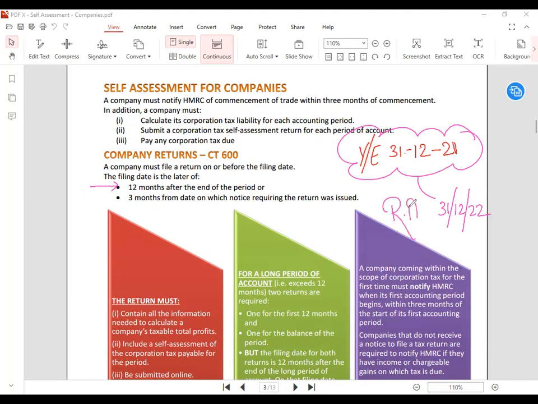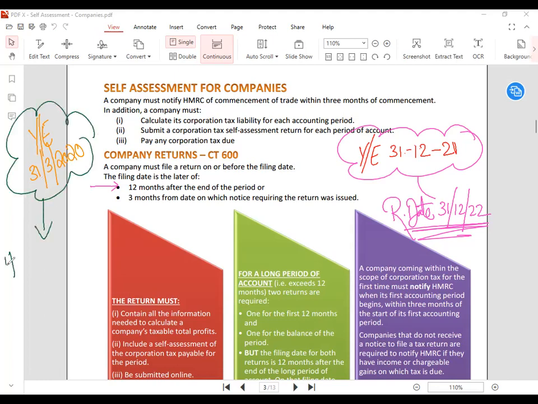Return date means that by this maximum date, the company has to submit its details to HMRC. For example, if my year end is 31st March 2020, and I ask you when is your due date for the return, the maximum allowed date to submit the return for this year end, what will it be? 31st March 2021.